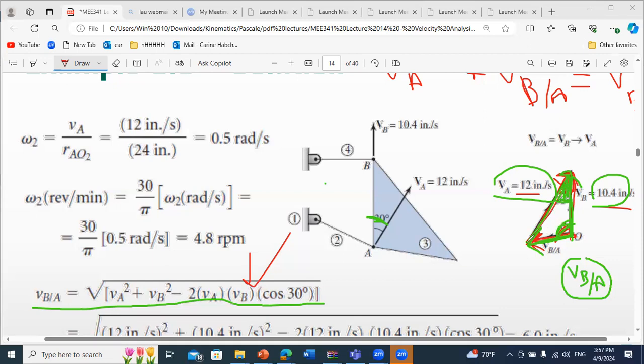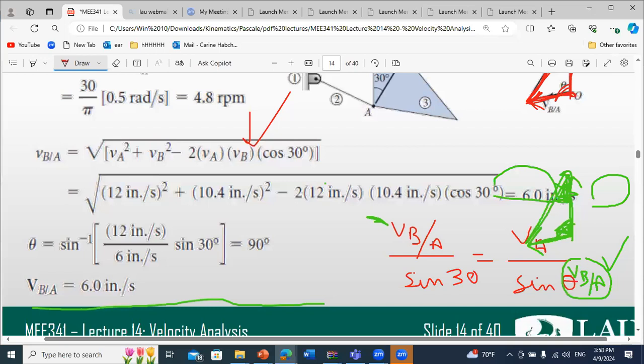So I do VA, 12, over sine theta, which is the angle that I want to find, equal to VBA magnitude, which is calculated, over sine 30. So the only unknown in the sine law will be the angle theta. I can solve for theta. In this way, I can use the geometrical method to calculate vector VB relative to A. Any question on this?